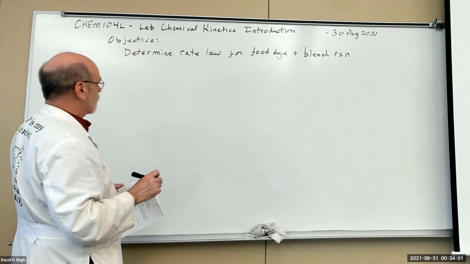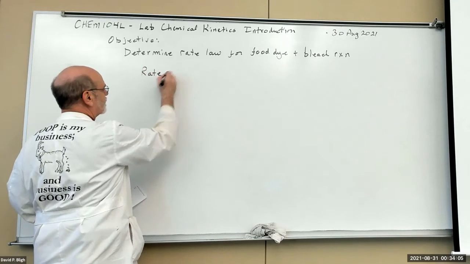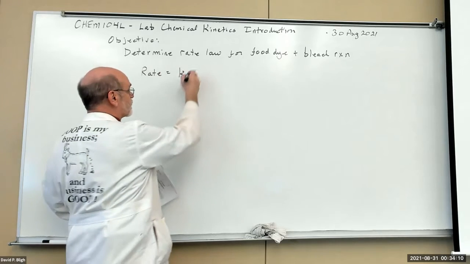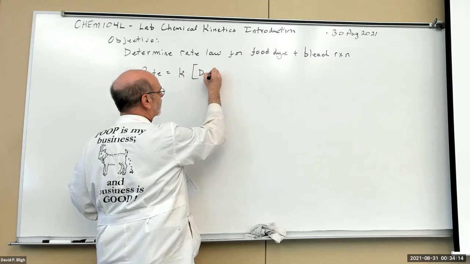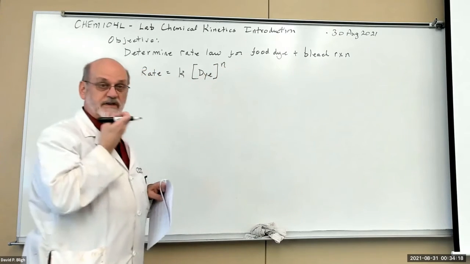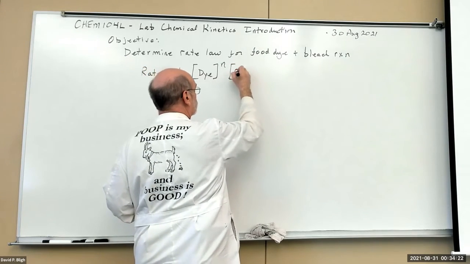So what's the rate law going to look like? It's going to have a K value, correct? And then it's going to have concentration of dye with its order, reaction order. And then we're going to have bleach.